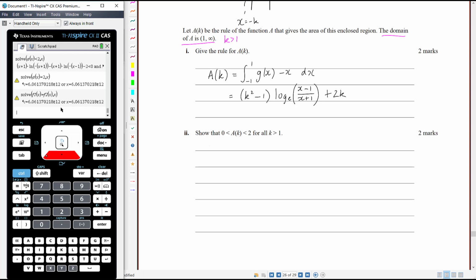And again, it's because this function isn't defined when x equals 1, because it would give you log of 0, which isn't defined. That's the problem, and that's why k has to be bigger than 1. Sorry, and I have realised I haven't actually copied that out correctly, have I?